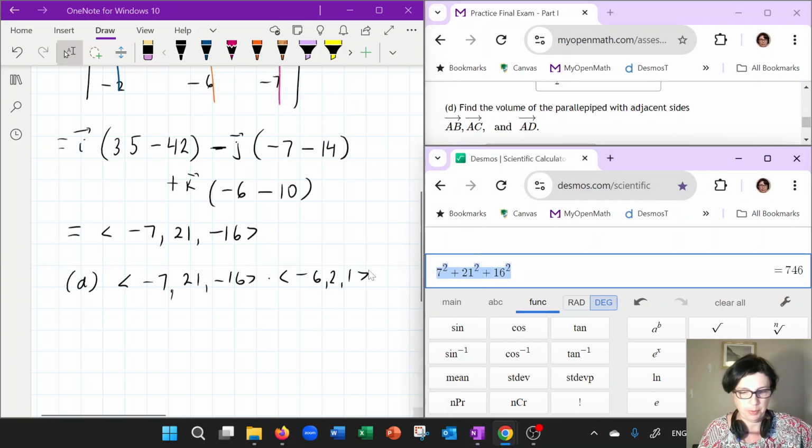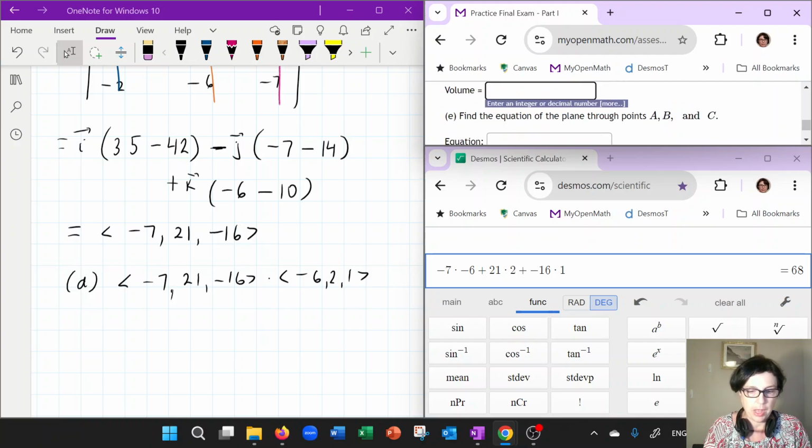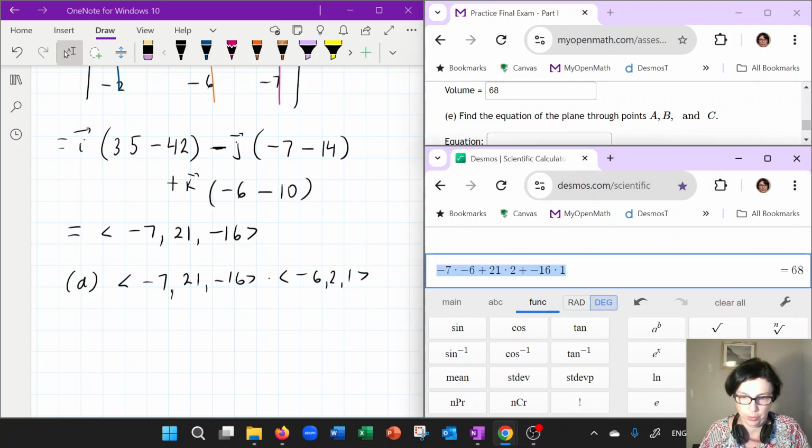Let me just type that here. Okay, I got a positive number that is 68. However, if the answer was negative, I would switch sign. The answer for the volume should always be a positive number. There's no way that that's negative, so always take absolute value.